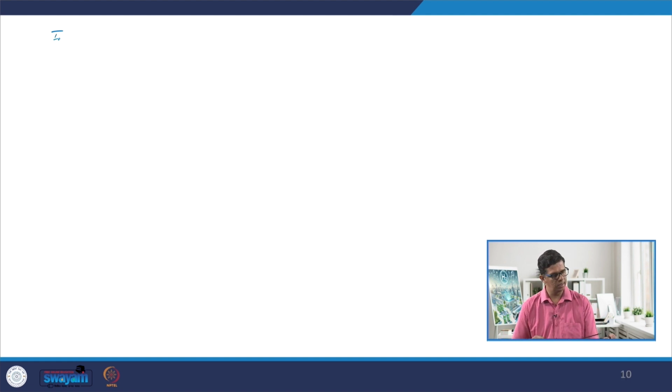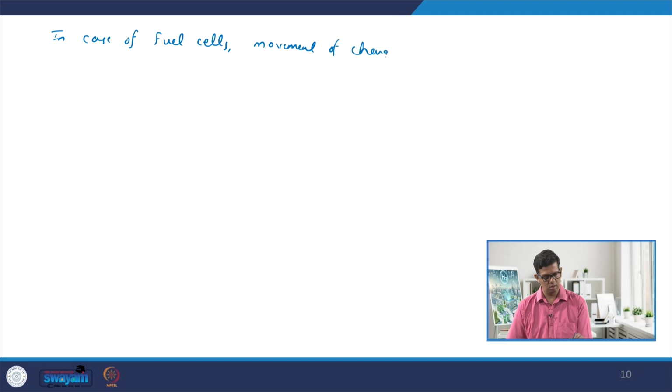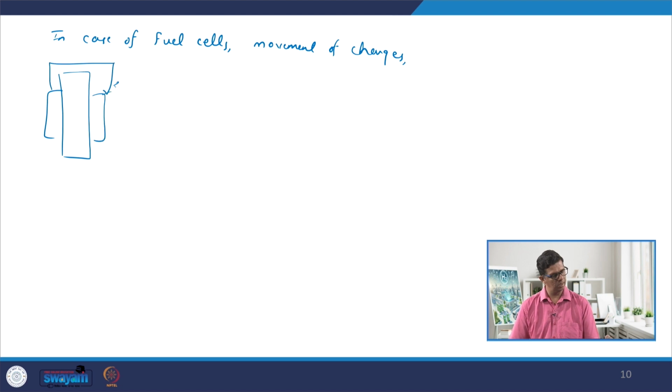In case of fuel cells, how does the movement of charges, electrons or protons, take place? It takes place through 3 different routes. We are talking about the electrons as well as the protons.